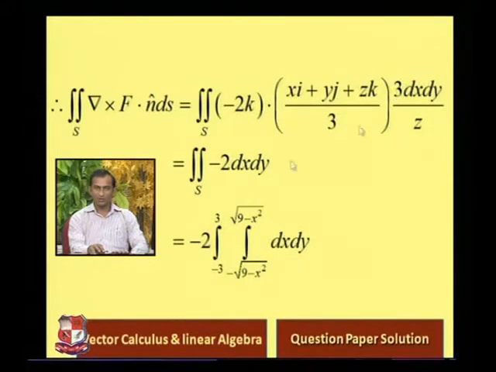But here 3 cancels, so we get minus 2 dx dy, and z cancels, so lastly we get minus 2 dx dy.